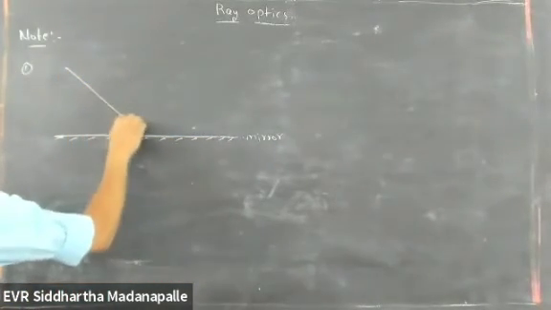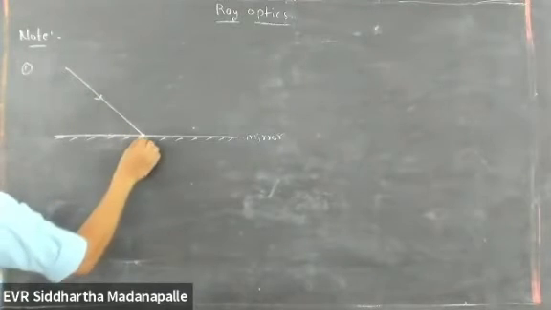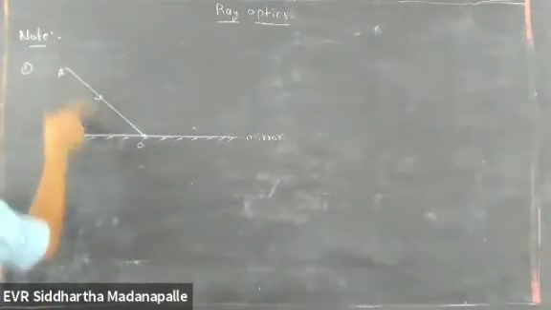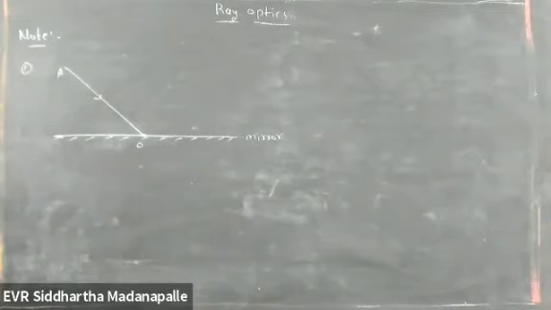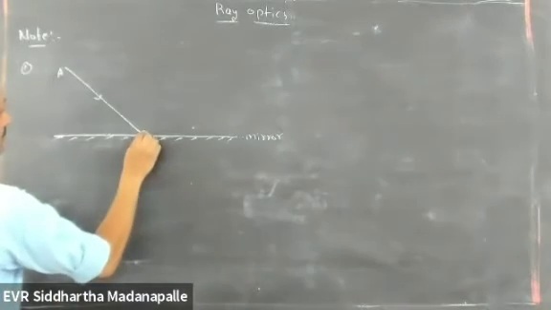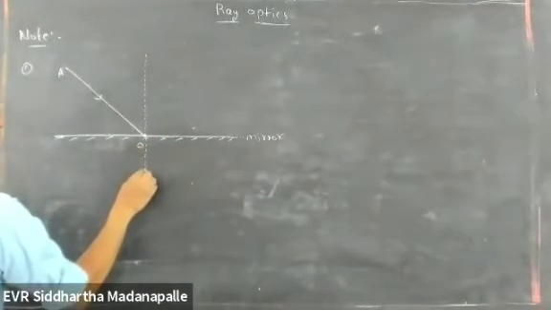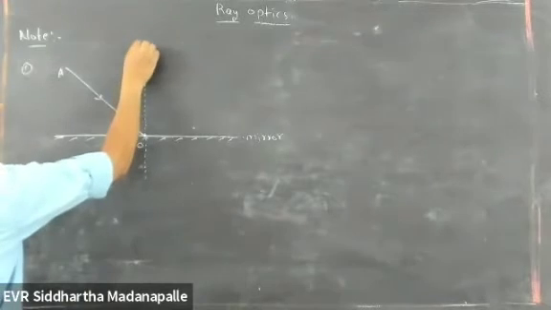This is the incident ray, and O is the point of incidence. Let us consider AO is the incident ray. Let us draw a normal at the point of incidence, normal to the surface, normal to the mirror. So this is the normal here.